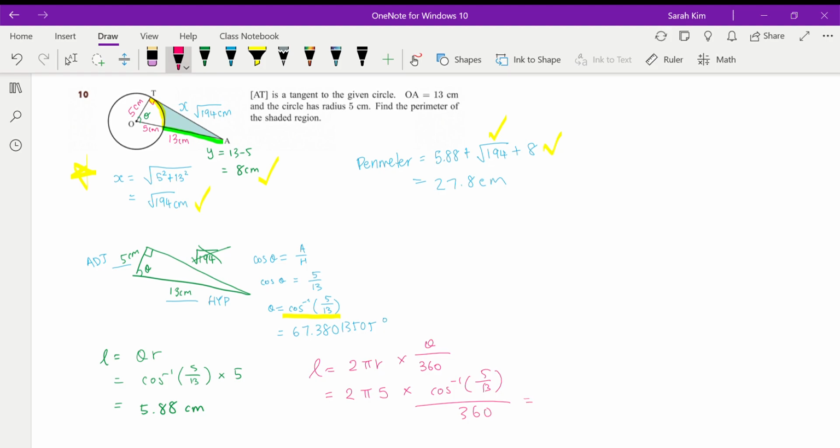Let's see if this gives us a more accurate answer. I still get 5.88. Am I looking at the right answer? 5B question 10. I still get 25.9.